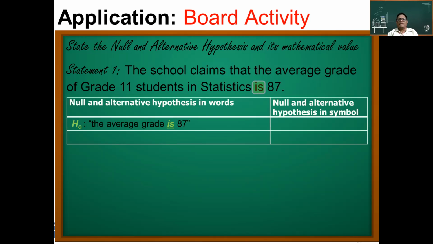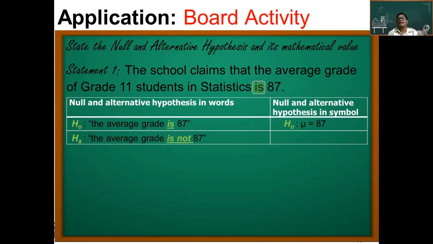So after having our null hypothesis, we should put our alternative hypothesis. So what is the contrary or the opposite of is? Just put not, correct? So our alternative hypothesis is the average grade is not 87. Now, how can we put this into a mathematical symbol? Just like this.